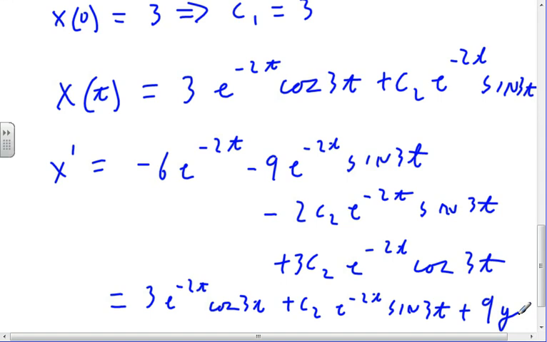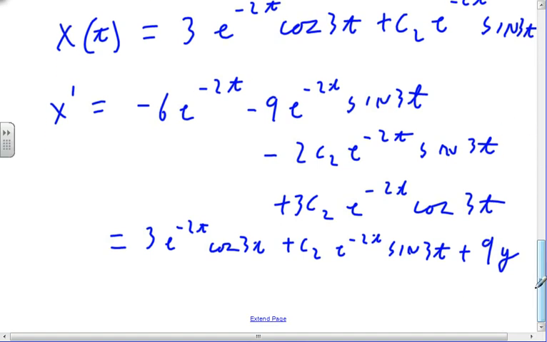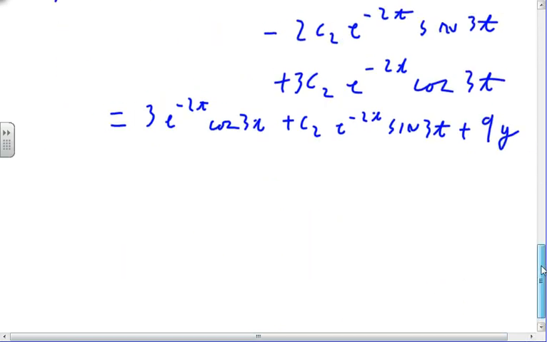Okay, now all we have to do is solve for y. Now all we have to do is be able to see enough of the problem so we can solve for y.